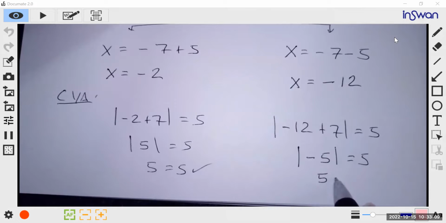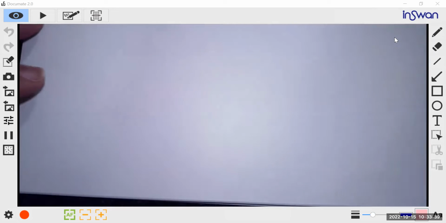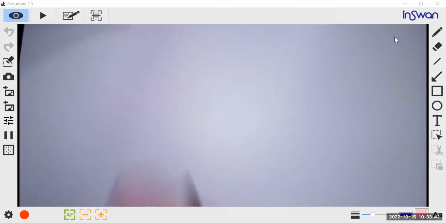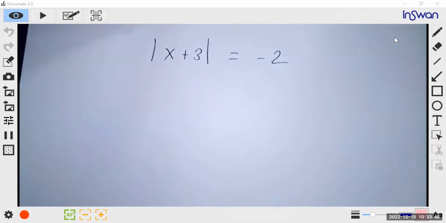Absolute value of -5 is 5. That's all there's to it. Again, it's the same thing: you have to isolate the absolute value. How about that one?